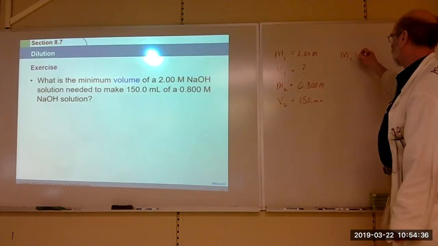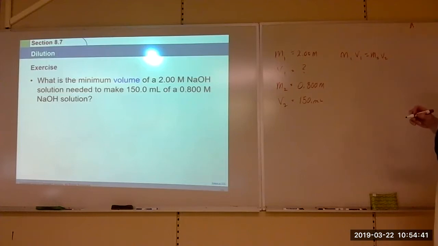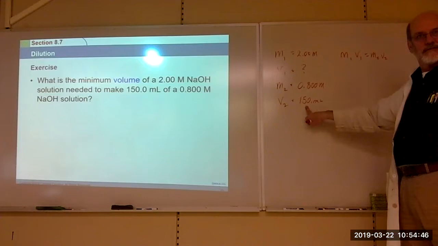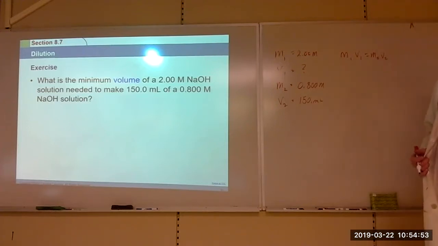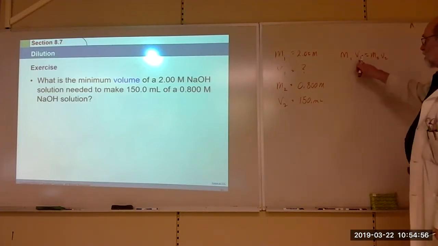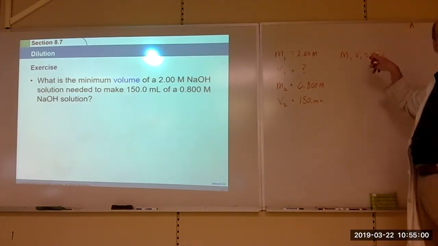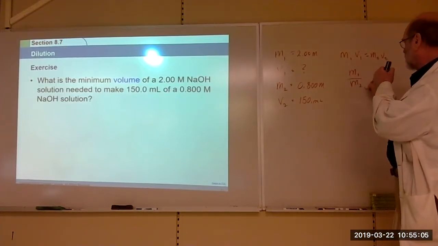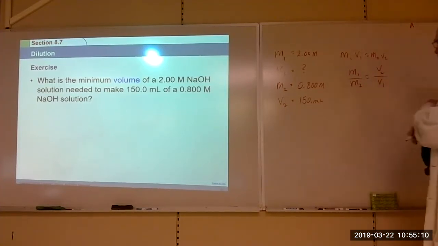And if we have M1V1 equals M2V2, do we need to change this to liters? Yes, no, maybe? No, you don't. Why? Because the volume that you put in here is going to be the same volume you get out there. Why? Because if you write it this way, put that one over here, then put this one over here, what happens?